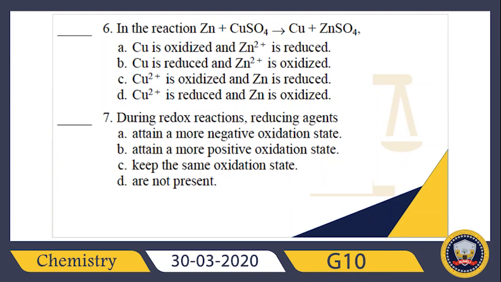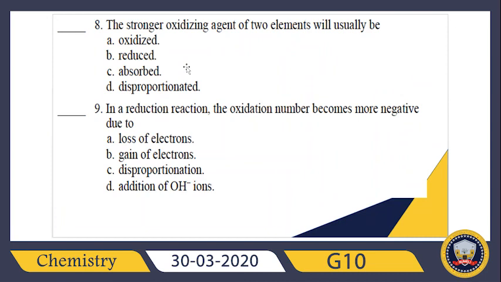So let's continue, everyone. Now, 8. The stronger oxidizing agent of two elements will usually be what? So you have two elements or compounds in a reaction. One of them is a stronger oxidizing agent than the other. So what will happen on it?